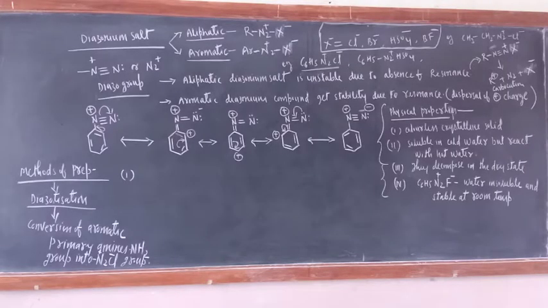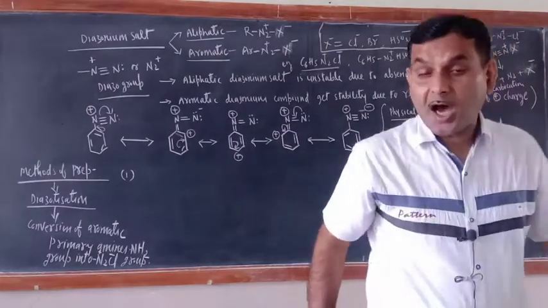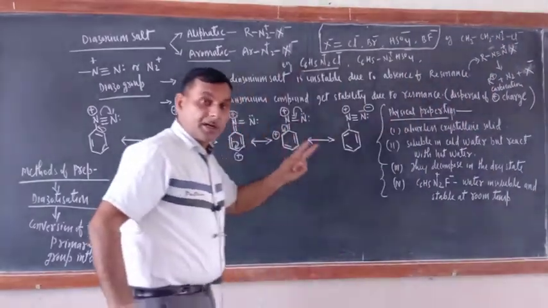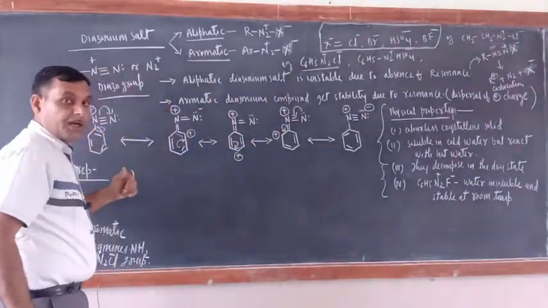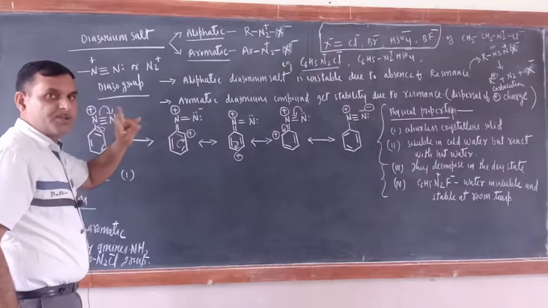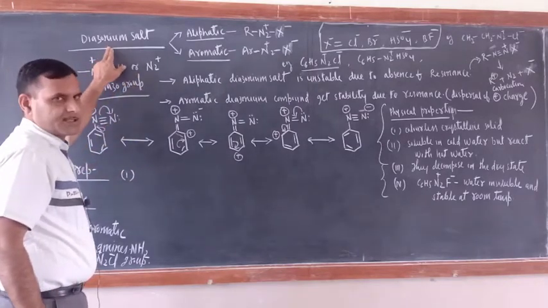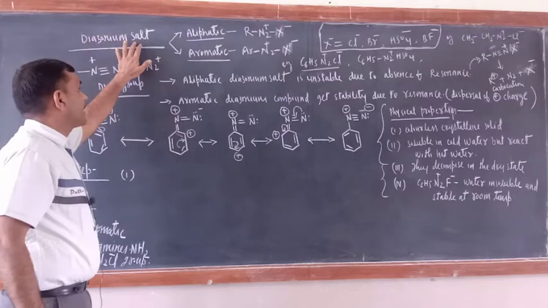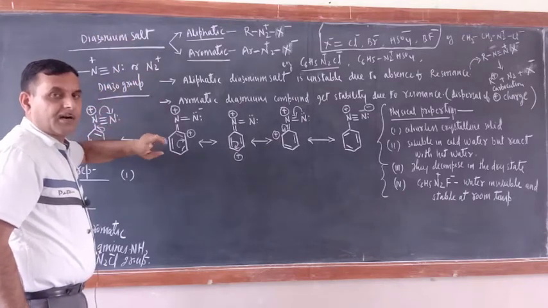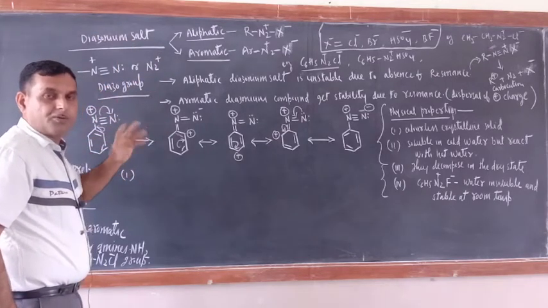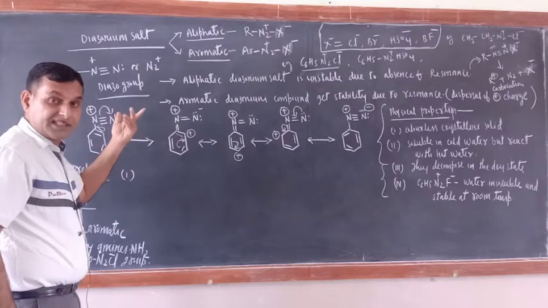Okay, so now diazonium salt. Di means 2, azo means nitrogen, so 2 nitrogens are there in this salt. What is the meaning of salt? Wherever positive and negative charges are both there, they are known as salt.